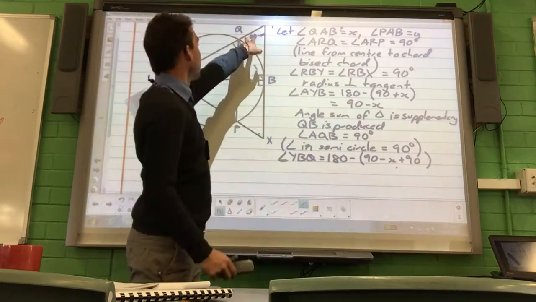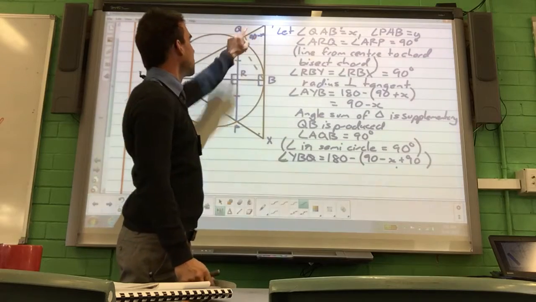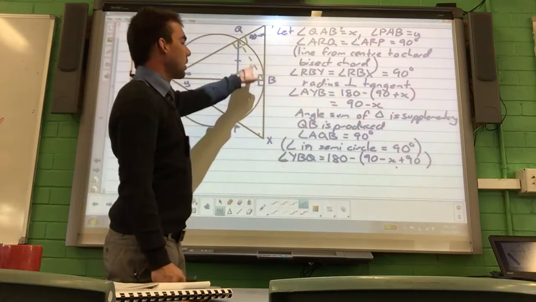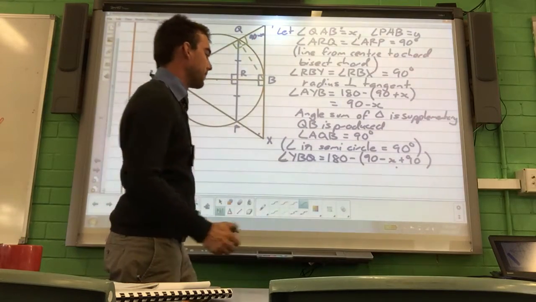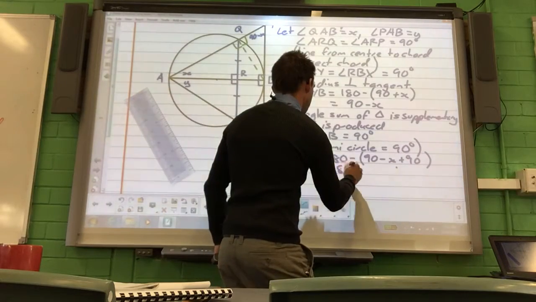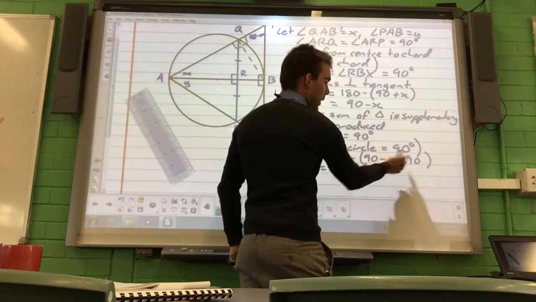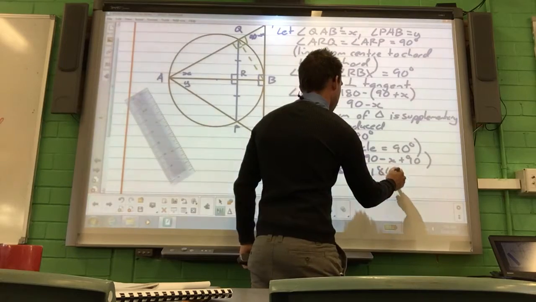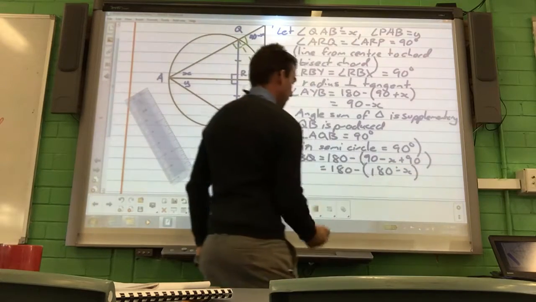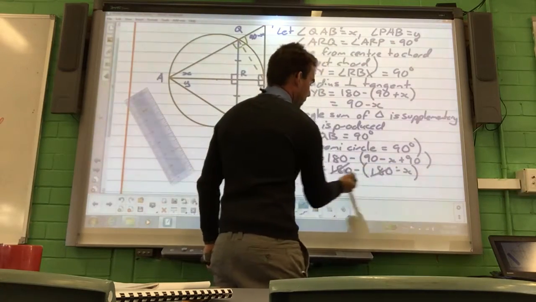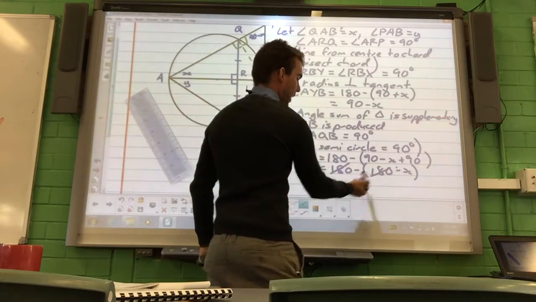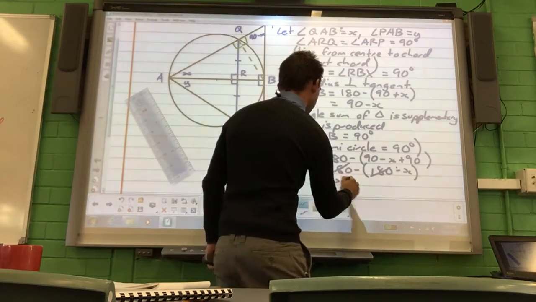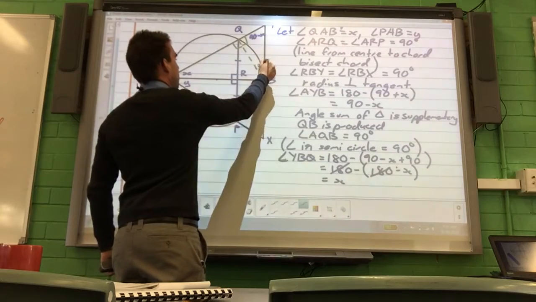Okay, so this is the other two angles. We've got 90 take away x. You have the 90 degrees here to find the value of that angle there. Alright, so we've got 180 take away, so we've got 90 plus 90, 180 take away x. They'll cancel. 180 take away 180, and then negative, negative x. That means that angle here will be x.